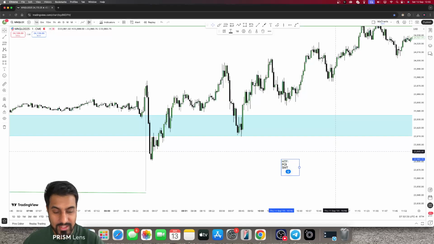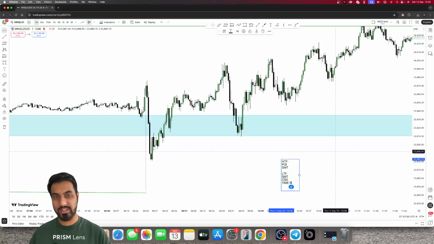Now with that, once that's confirmed, we then go into the lower time frame protocol, where we look for, first of all, is there SMT? Is there a change in the state of delivery? And is it in the right time? So the time is very key here because it's always time then price. And I'll show you in today's two examples where both of the moves occurred in our timing.